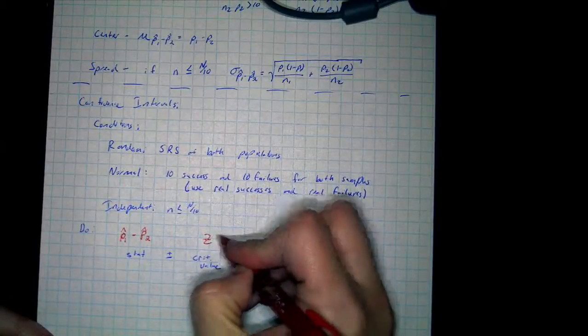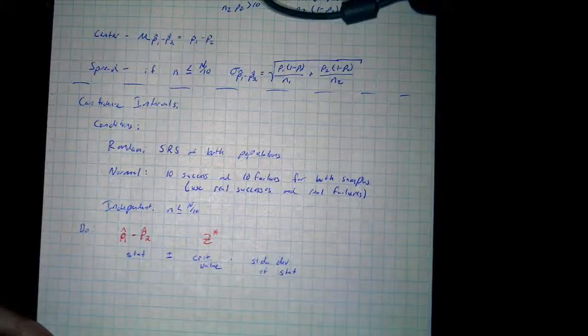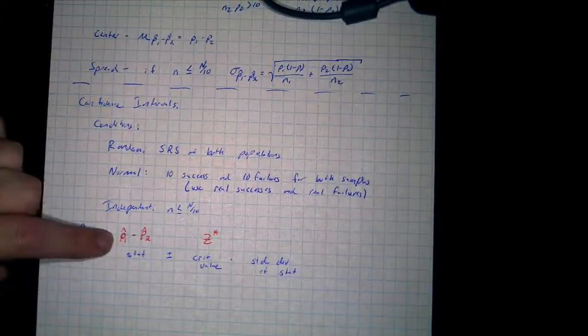Z's. So it's going to be a z star. Now, our formula has p's, but if I knew what p was, it'd be silly for me to have a confidence interval about it. So what is my best guess for p1? P-hat 1, right?